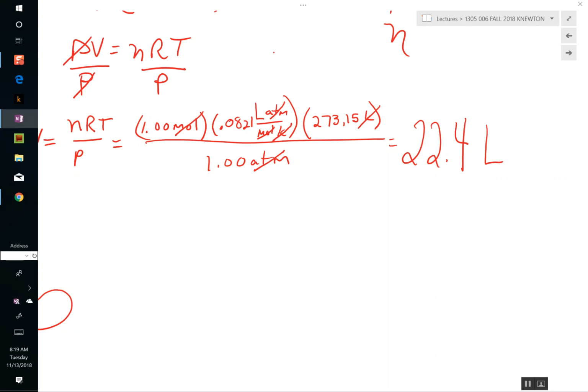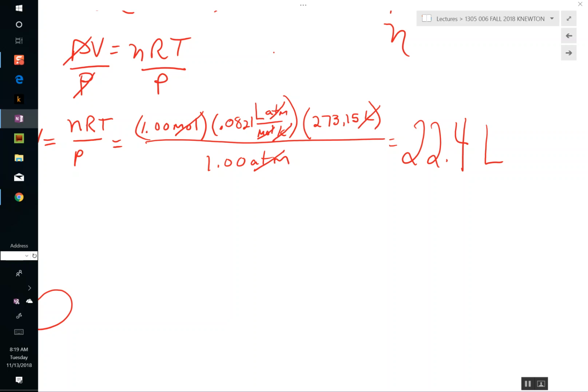Helium is an ideal gas, pretty ideal. Oxygen, nitrogen, hydrogen are fairly ideal in their behavior. Neon, argon are ideal gases. And we're talking about 1 mole of these gases.